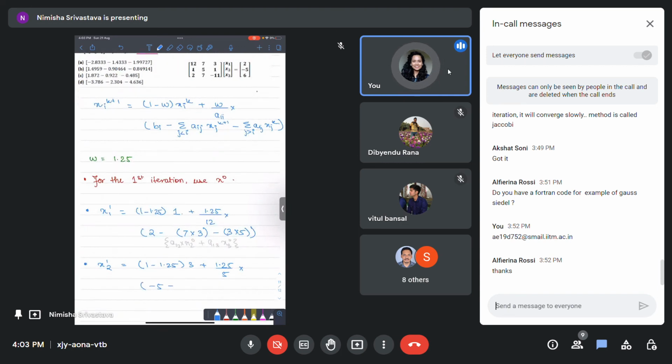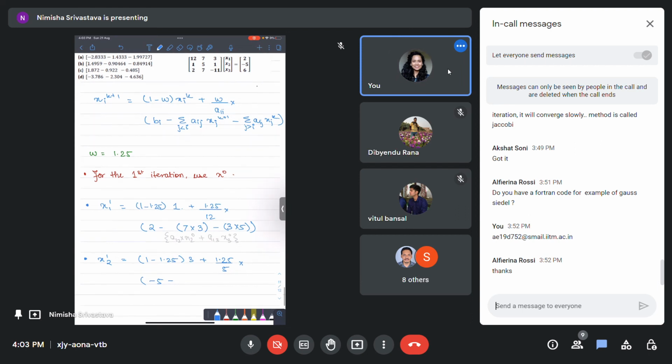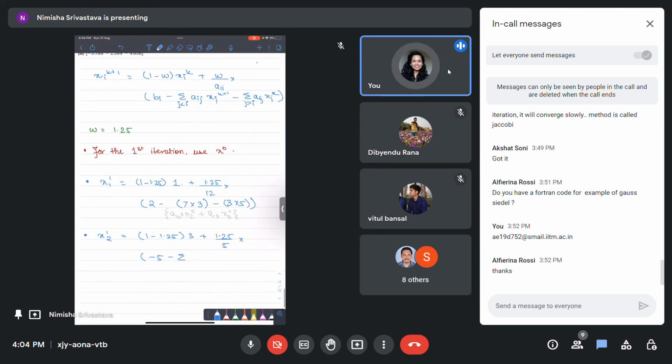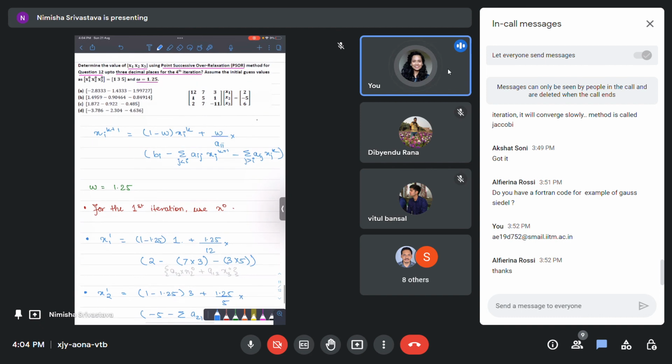now for the second term, j is less than i. What does j less than i mean? That j is 1, because my i over here is 2. So I'm basically looking for the term a_21. Where is a_21? a_21 is 1.